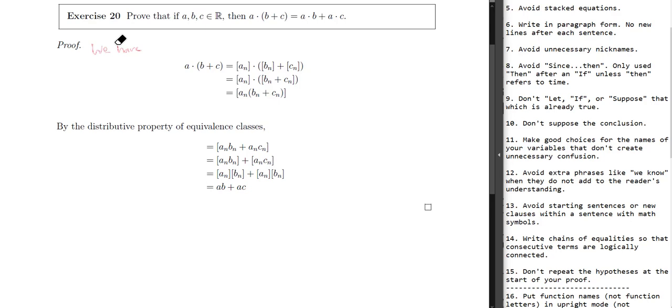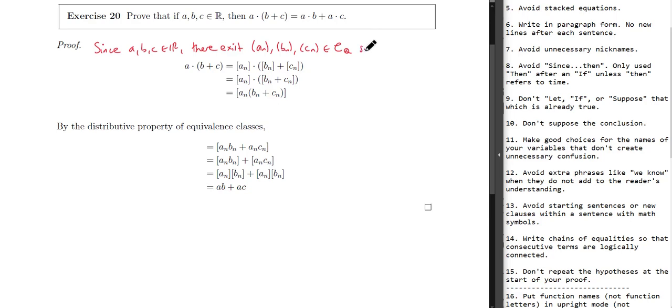instead of starting with "we have," we're going to need to set some notation up, right? We're going to say, since A, B, and C are real numbers, there exist, and now we can have (a_n), (b_n), and (c_n) in the set of Cauchy Q sequences, okay?